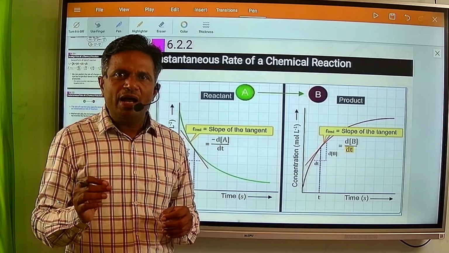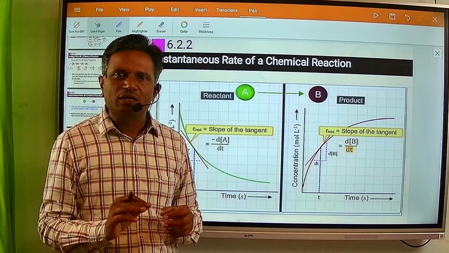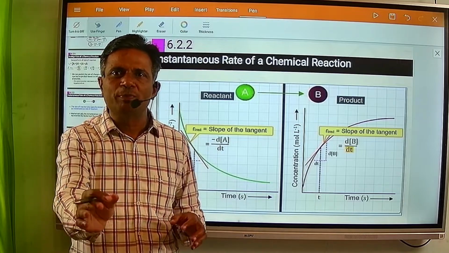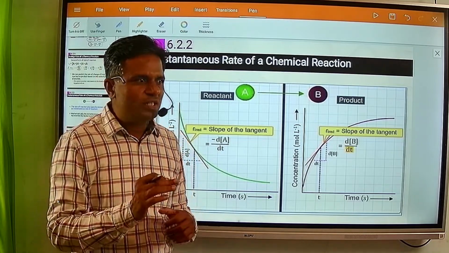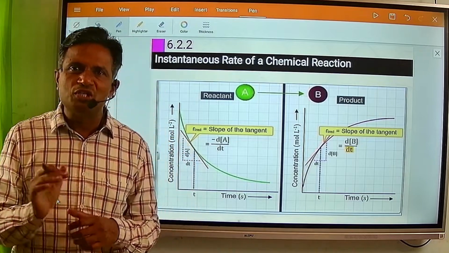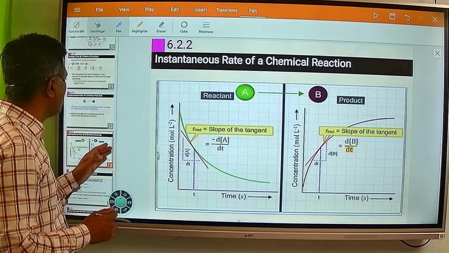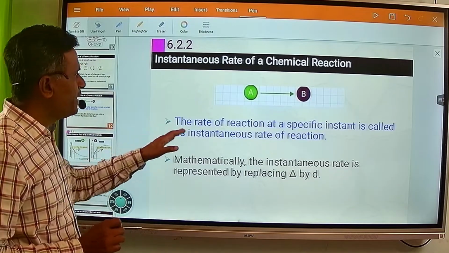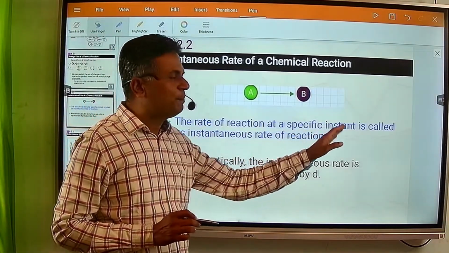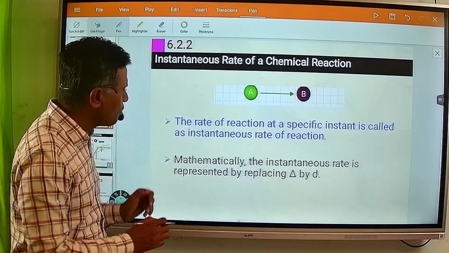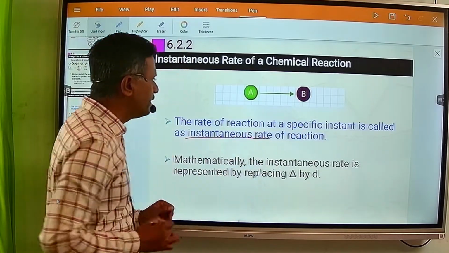So at any time instant, let us say at time t equal to 15 minutes, how much is the rate? That is called the instantaneous rate. So simply, the definition of instantaneous rate is the rate of reaction at any specific instant.